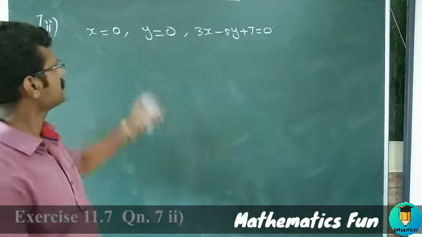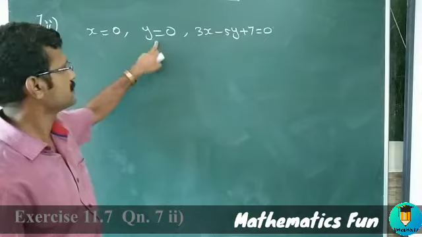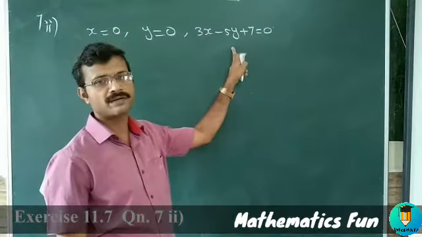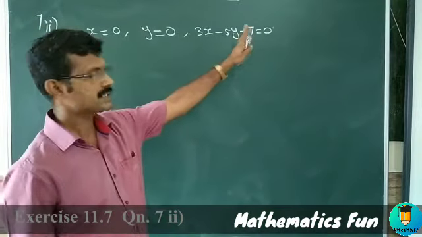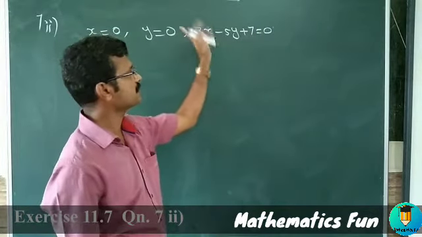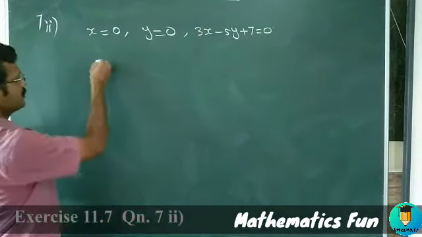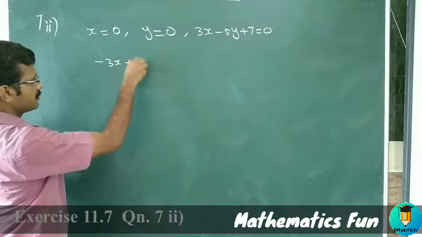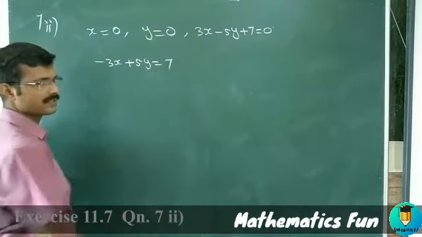Again, we will try to fix these up. This is the y-axis, this is the x-axis, and this one I will convert into intercept form. In intercept form, the right side should be 1. So the 7 I transfer to the other side, and it becomes minus 3x plus 5y is equal to 7.